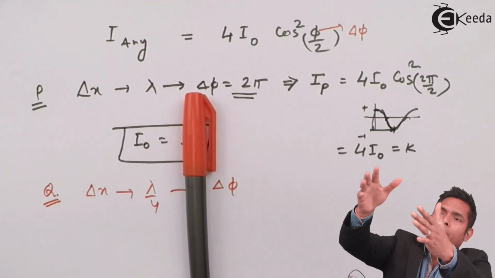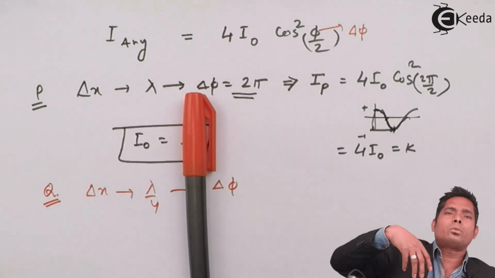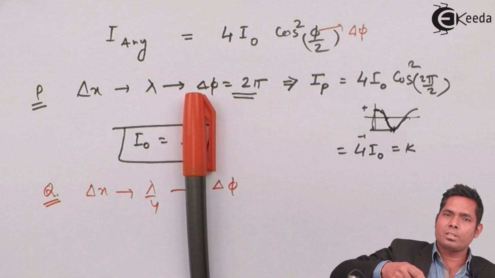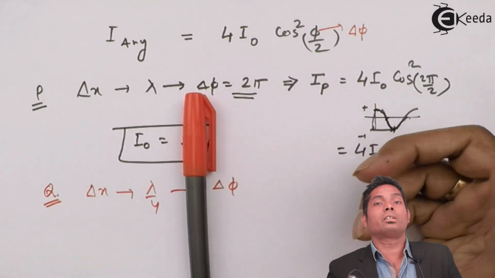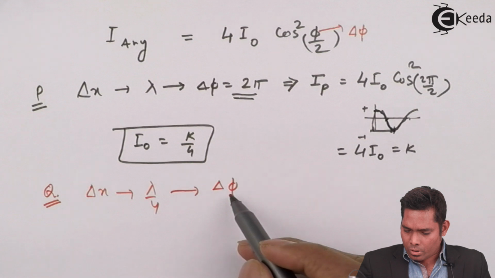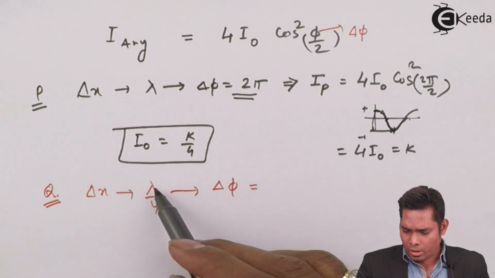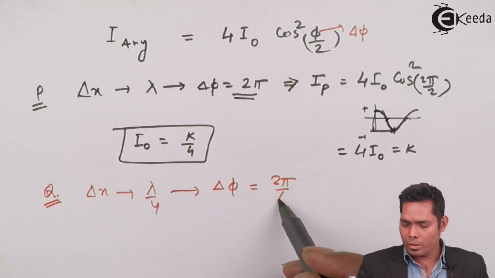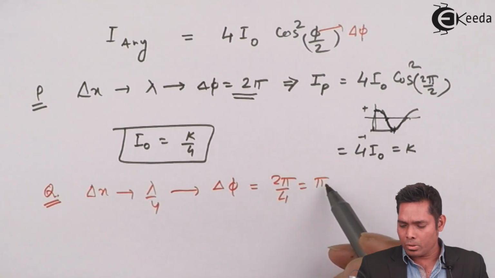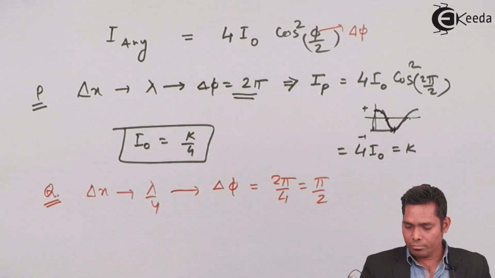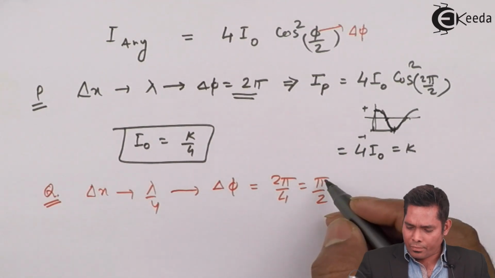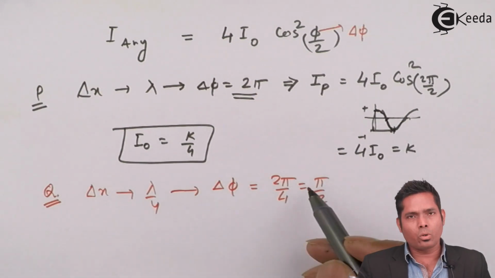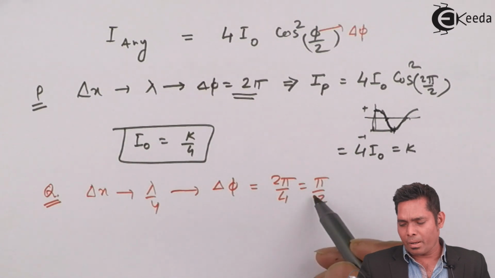Corresponding to the point where the two rays will meet, we determine the path difference, and the path difference has to be converted into phase difference, and that has to be put in this equation to get the intensity of light. So phase difference equals, in place of lambda you put 2 pi by 4, which is pi by 2. So for point Q, phase difference is pi by 2.